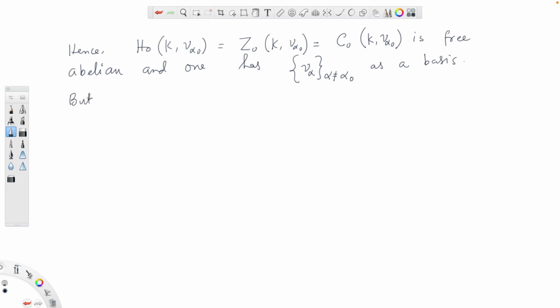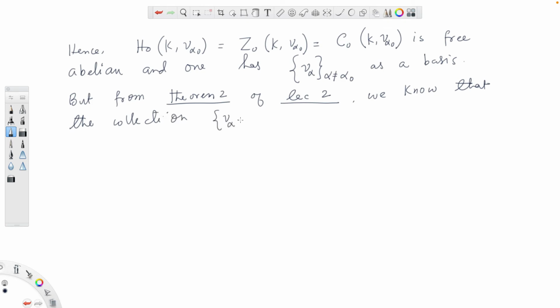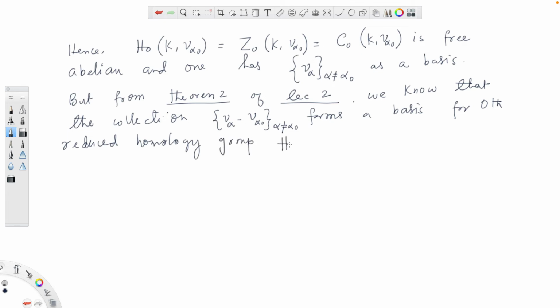But from theorem 2 of lecture 2, we know that the collection V alpha minus V alpha 0, where alpha is not equal to alpha 0, forms a basis for the zeroth reduced homology group H0 tilde of K. Okay.